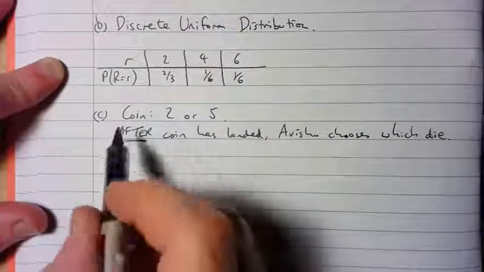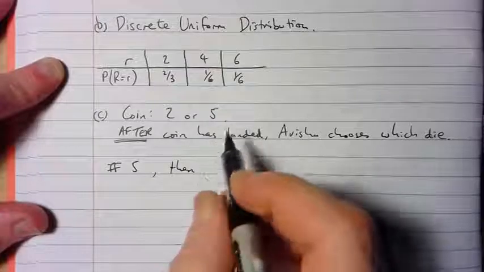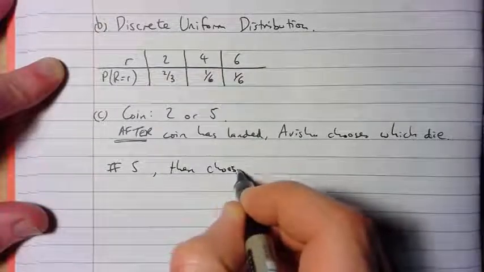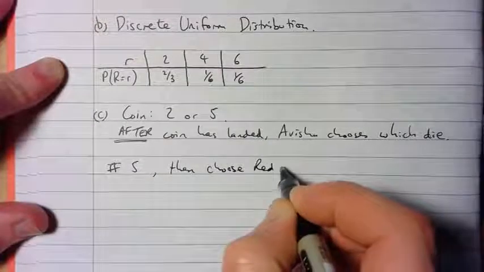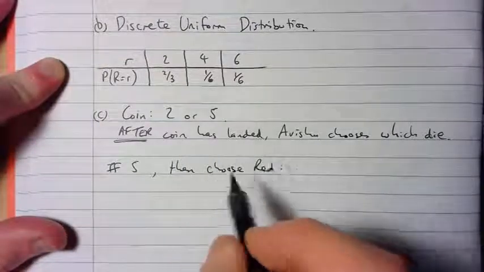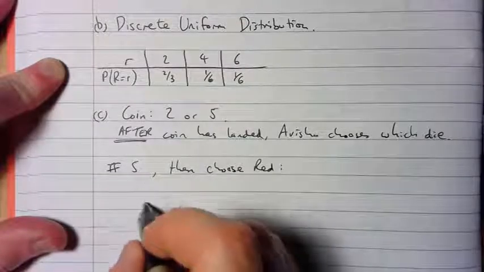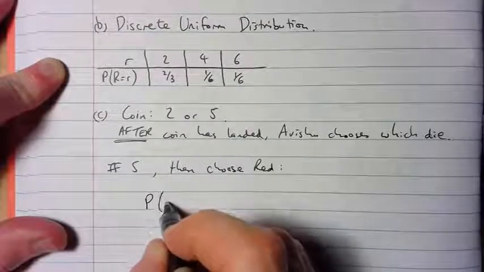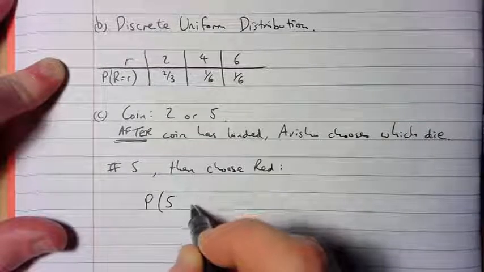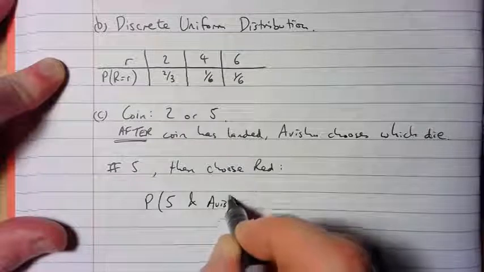So if 5, then choose red, and the probability of that particular outcome of Hwk winning.